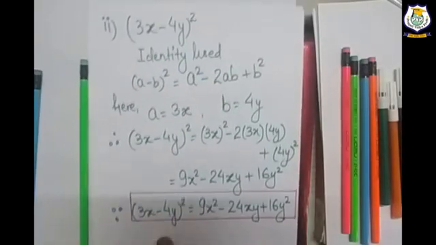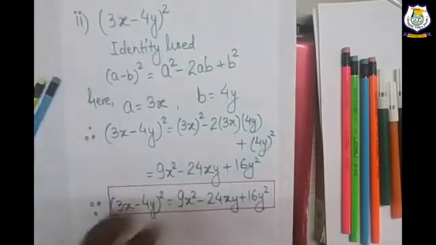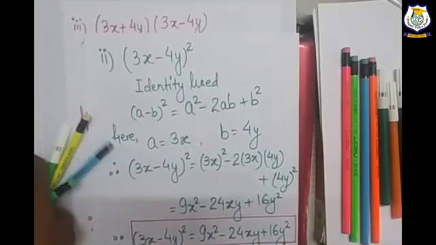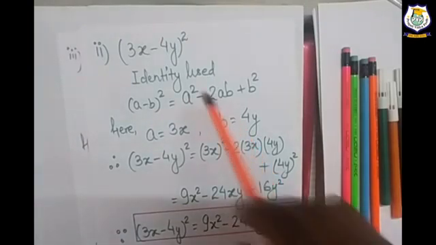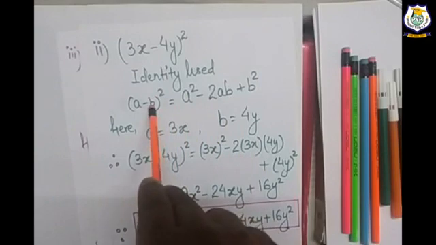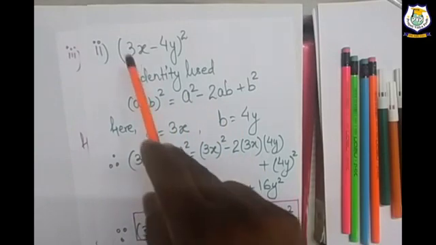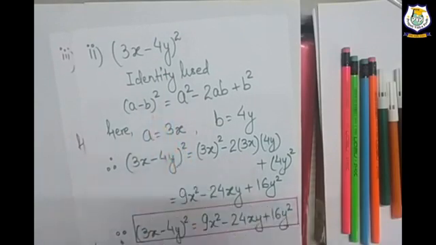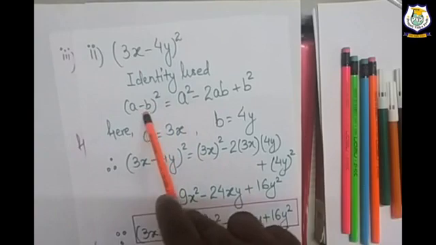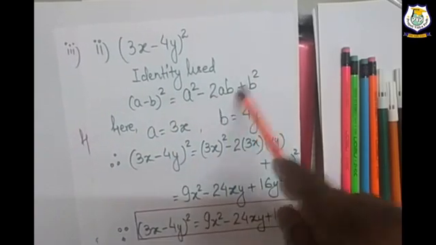Again, take another example. Suppose we have the question 3x minus 4y whole square. This is similar to a minus b whole square. Since it contains a minus term, we implement the identity for a minus b whole square, which is a square minus 2ab plus b square.